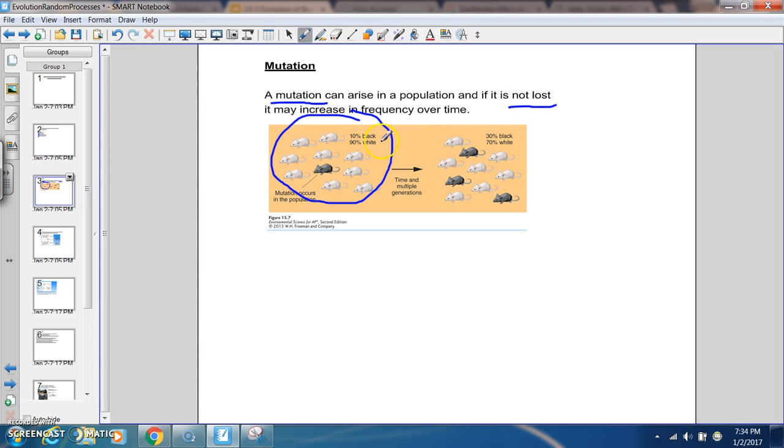It actually increased in frequency. As multiple generations went on, this population went from 10% black to 30% black. So this is called a mutation, and it changes the frequency of phenotypes or physical traits that you see over time. In the lab, we will get into greater detail with that.